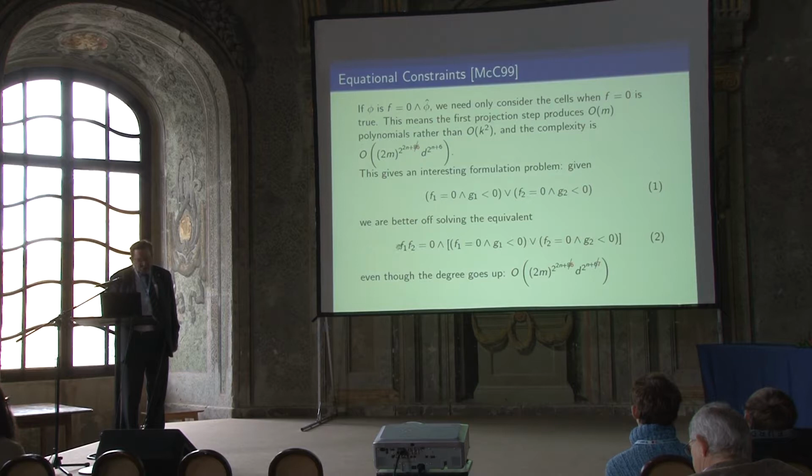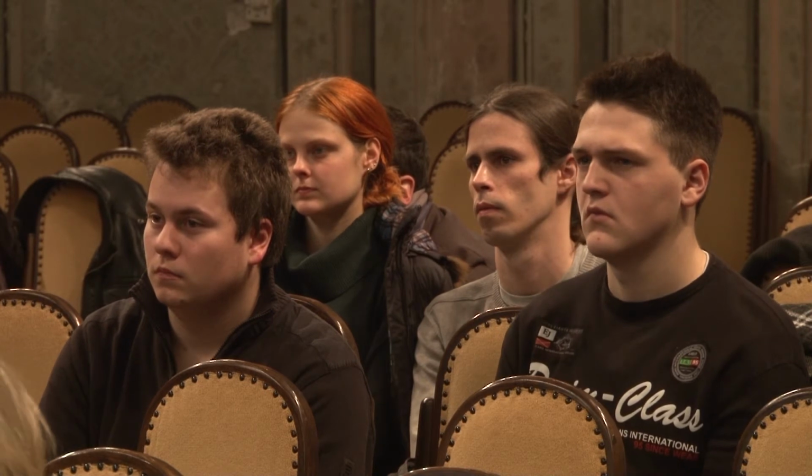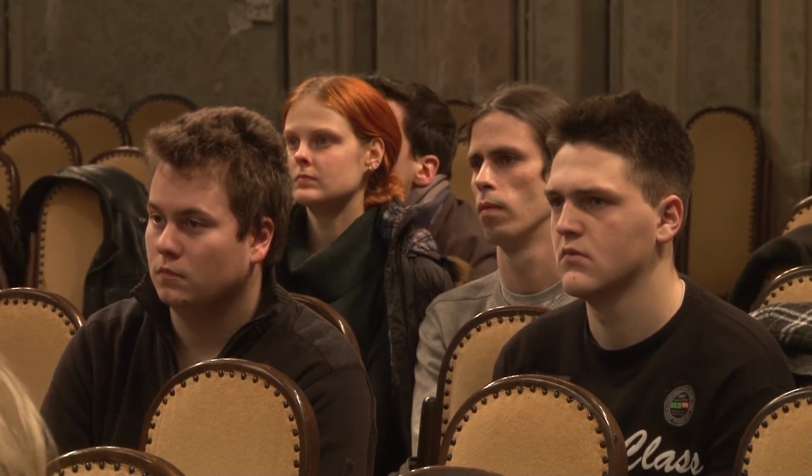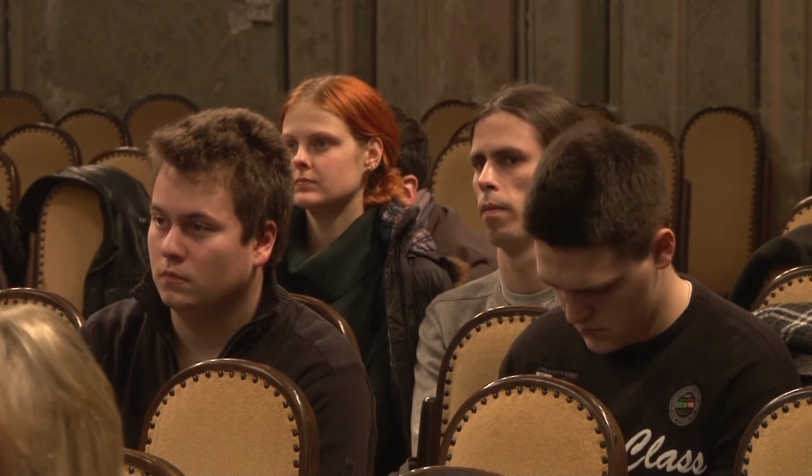So that looks like a stupid rewriting. But it's not. So I've now introduced an equational constraint. And my complexity does indeed drop by 2 here, but the degree of f1 f2, of course, is bigger, so in fact I lose slightly there. Nevertheless, in practice, this is well worth doing. Ask a different question, get a different answer. In terms of time, at least. Obviously, you'll get the same true-false answer, but in terms of time, it'll be quite different.